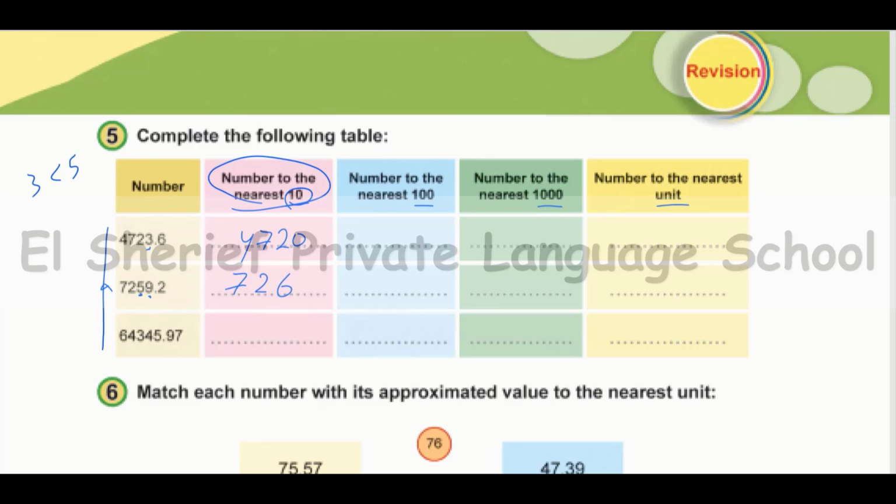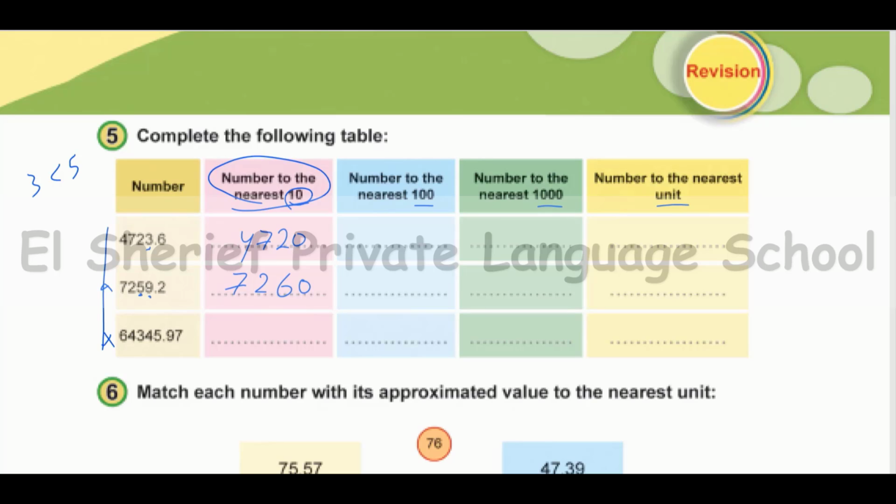Then put 0 in the unit place. We must have 1 0. If we need the nearest 10, the unit digit must be 0.